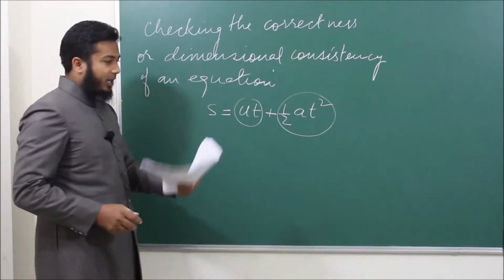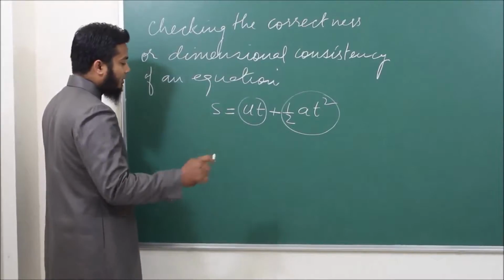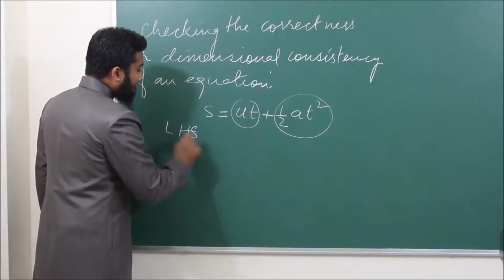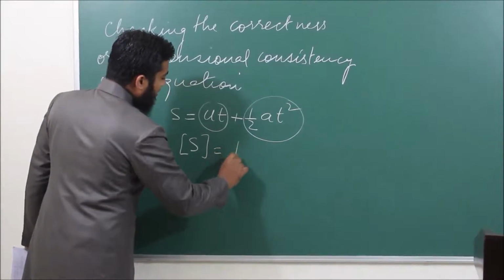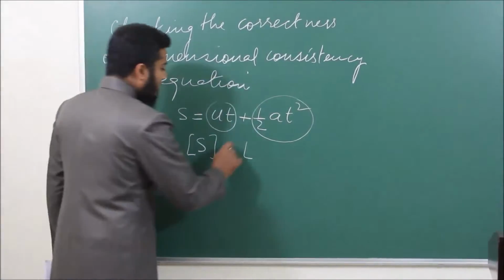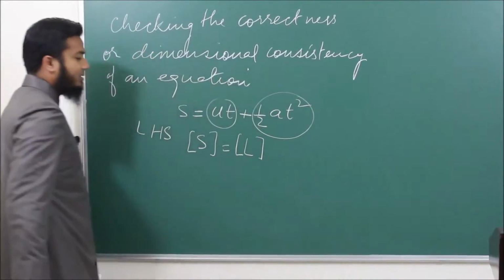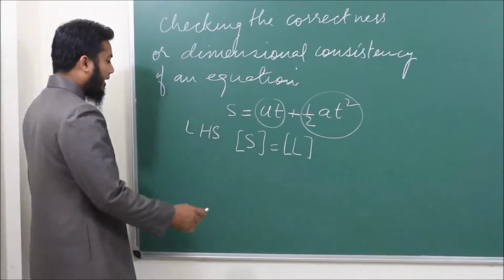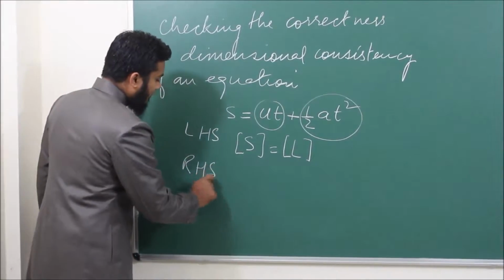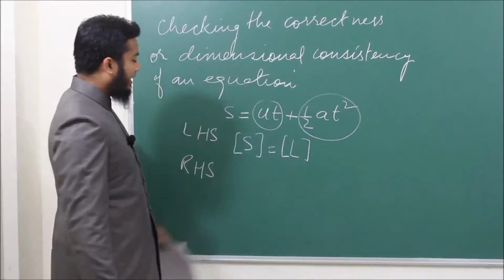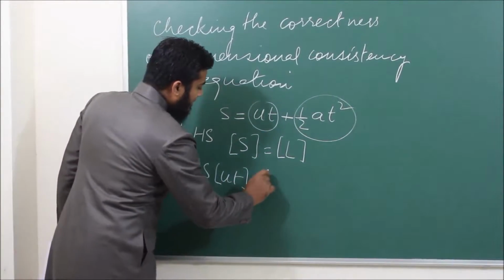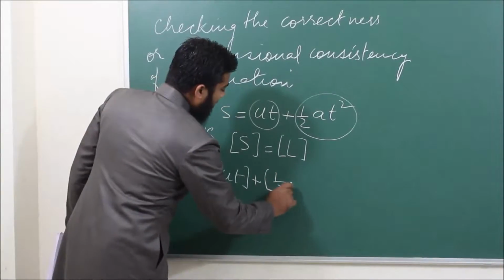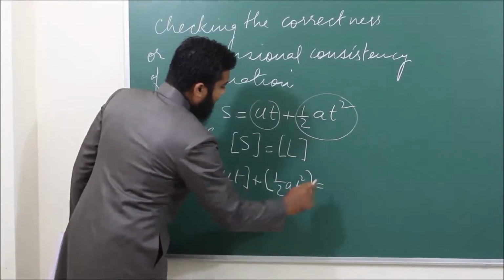So let us check whether it is dimensionally consistent or not. On the left hand side we have S, and the dimensional formula for distance is length, so it is L. On the right hand side we have ut and half at square, so the dimensional formula for ut plus the dimensional formula for half at square.